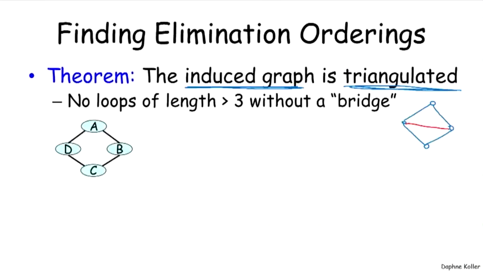So here's a simple proof. So once again, consider a set of variables and assume by contradiction that there is a loop like this. So for example, assume that we have a loop of size greater than 3. And again, one of these variables has to be the first to be eliminated.